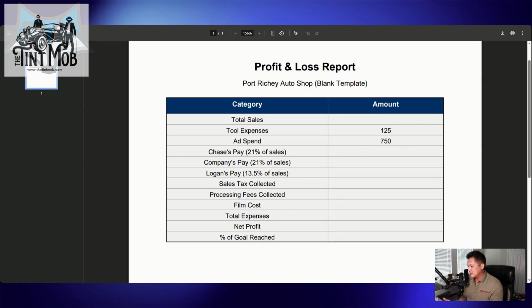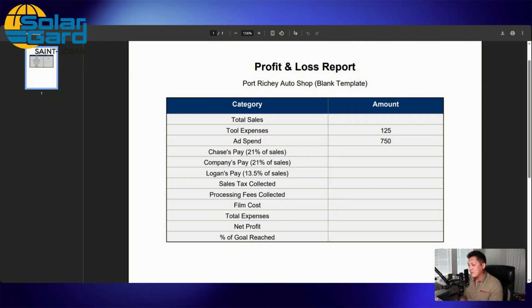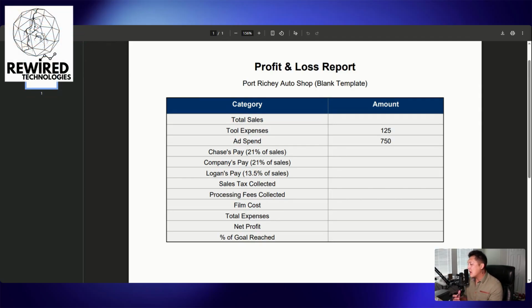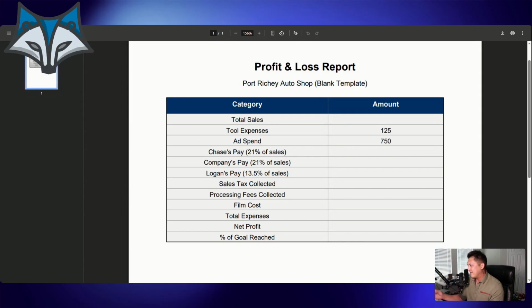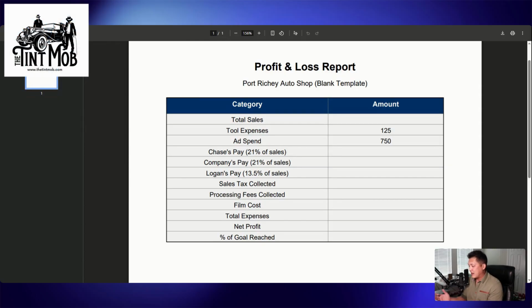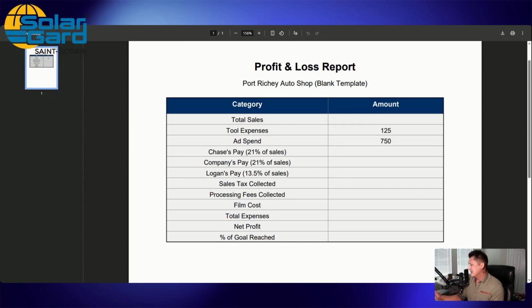If you want to do more ad spend, if you want to open up another shop, if you want to add more labor, add another installer, a number of different things that you want to do, that's really where that money goes. And then also yourself, after all that, you have to pay yourself, the owner, whatever's left over. And the goal is that you're making money for yourself, because this doesn't really include your personal pay.